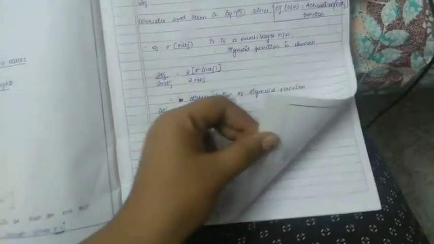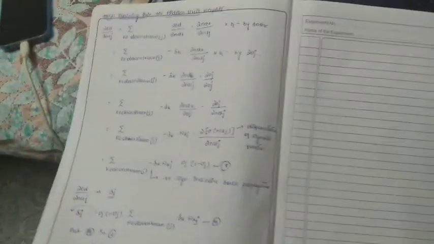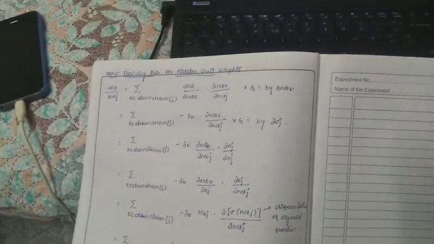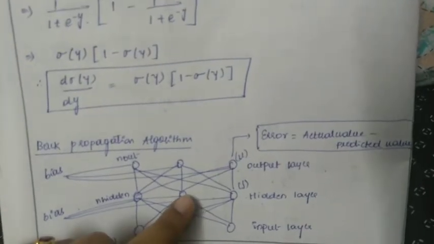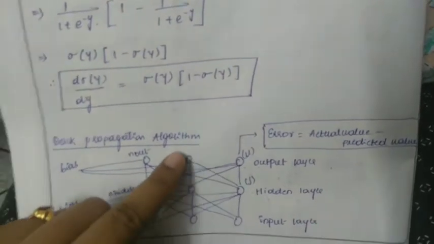Now, while performing the backtracking, we are considering the J unit as a hidden unit. In the backpropagation algorithm, this is the I unit, the input unit, J is a hidden unit, and U is an output unit.